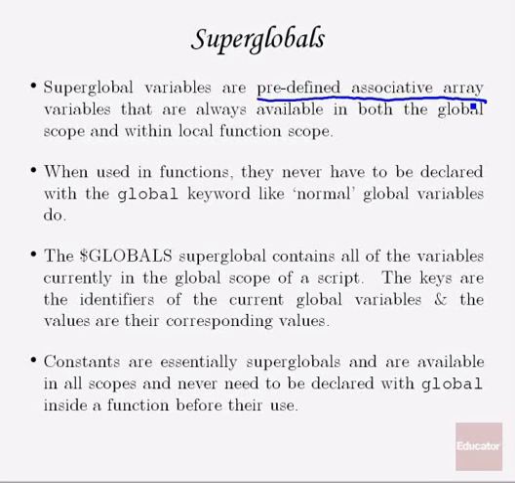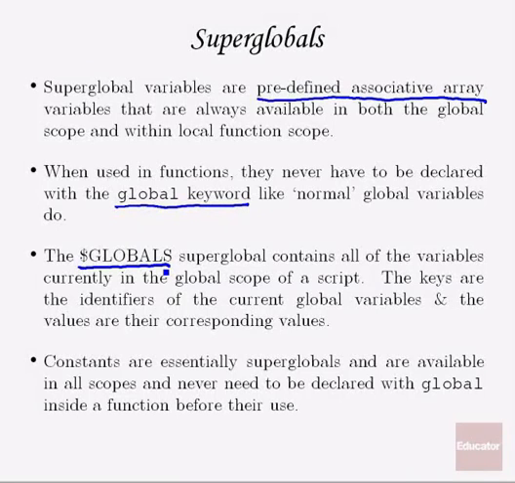Within a function, normally, as we just saw, you need to specify the keyword global in order to use a global variable. Well, superglobals have the advantage that you don't actually have to specify the global keyword before using them in the function, like you would any other global variable. Additionally, we're going to introduce a new superglobal called globals.